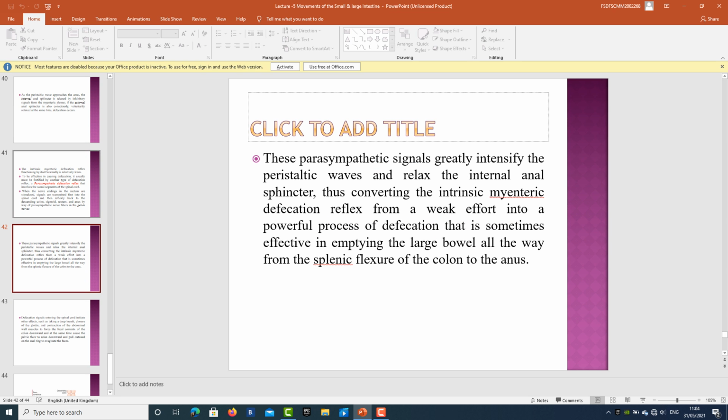These parasympathetic signals greatly intensify the peristaltic waves and relax the internal anal sphincter, thus converting the intrinsic myenteric defecation reflex from a weak effort into a powerful process of defecation that is sometimes effective in emptying the large bowel all the way from the splenic flexure of the colon to the anus.